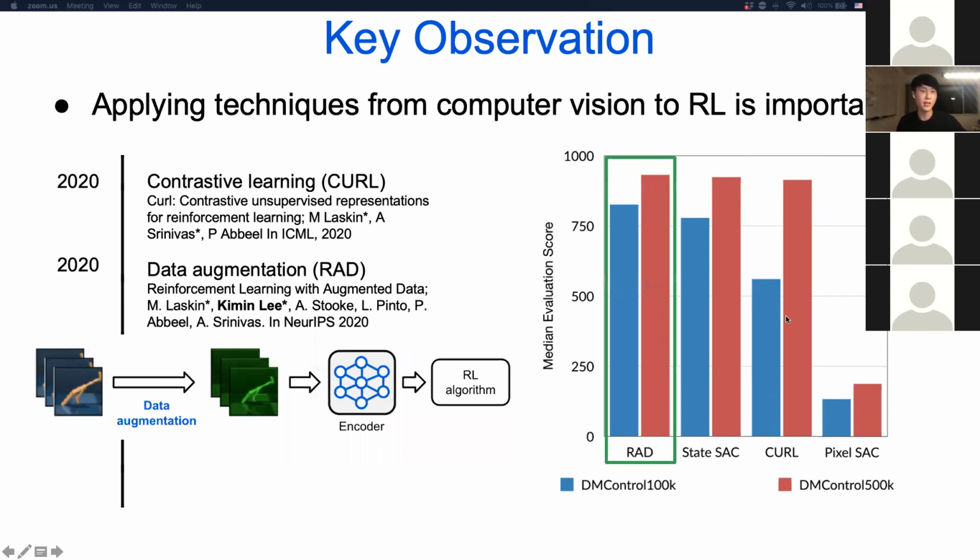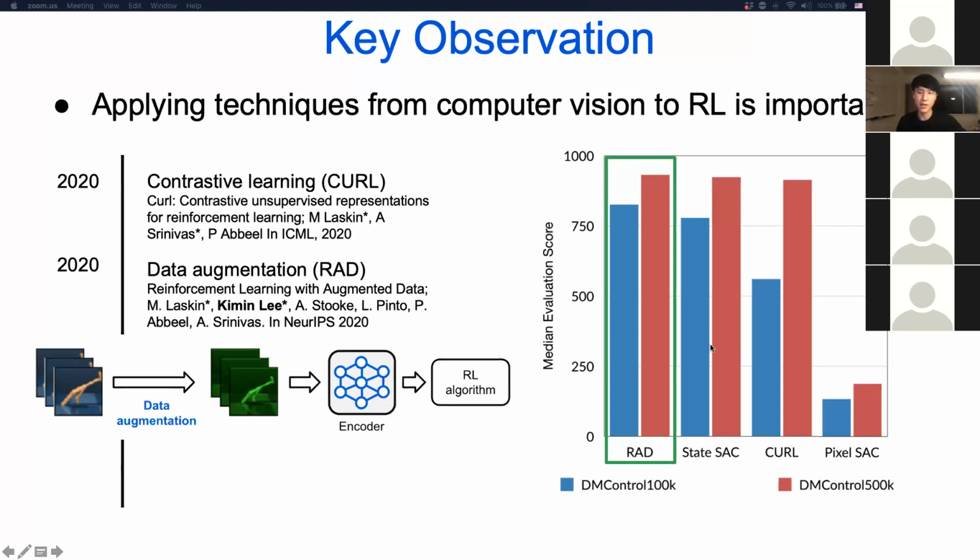And actually, in the next paper, we also found that utilizing only data augmentation can be enough to improve the performance. As shown in this bar graph, we match the performance of the state-based method by utilizing only data augmentation.